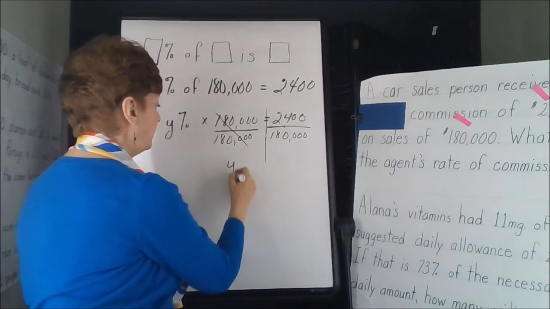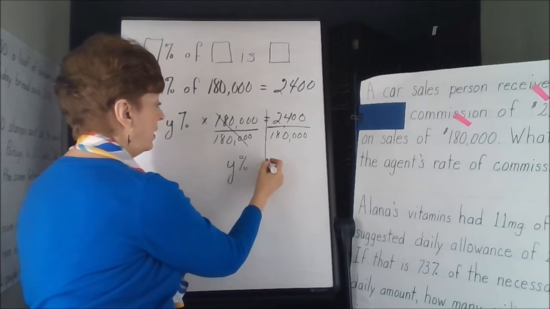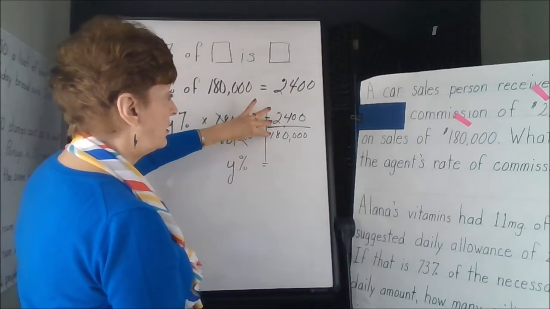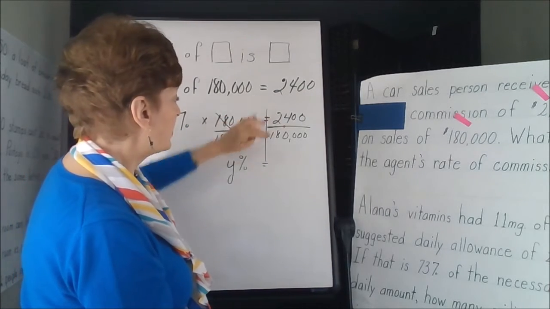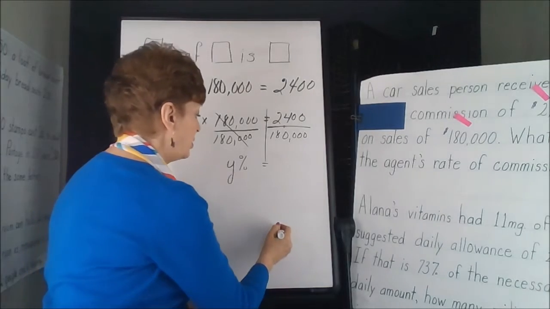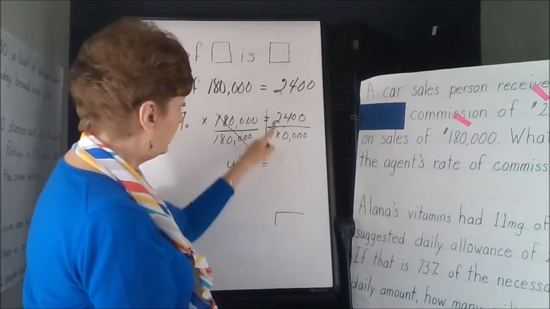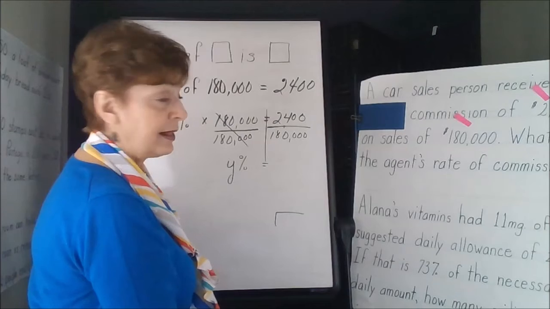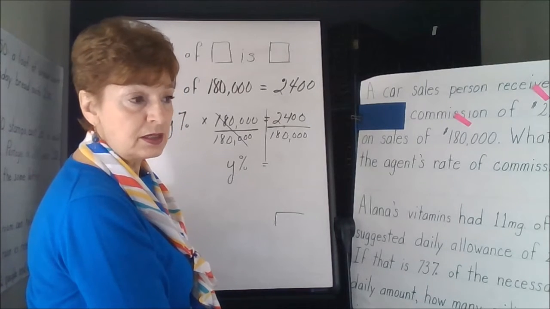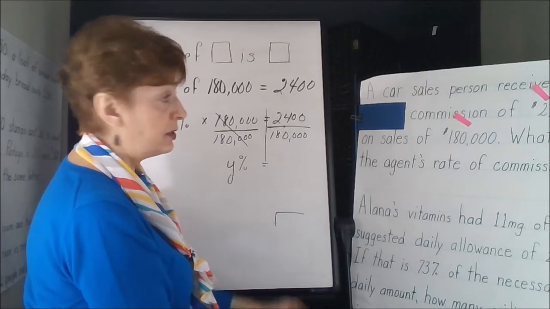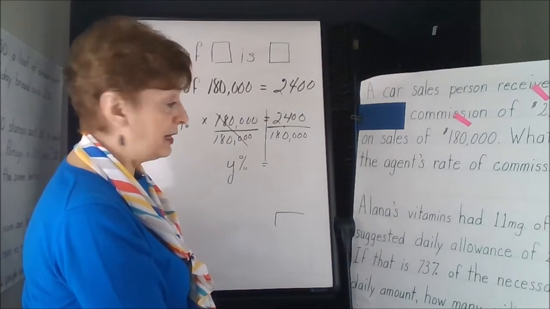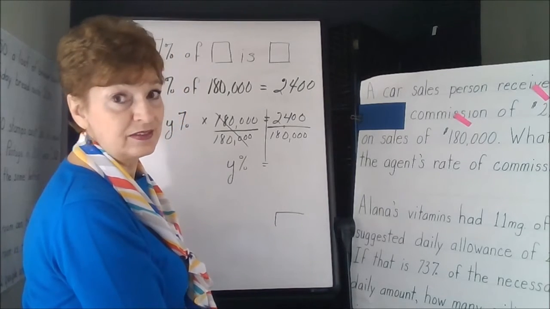So our y percent comes down and is equal to the division of these two numbers. Well, it doesn't have to be division like this right away. We do have a fraction here, and with divisibility of numbers, we have some tools to reduce this number a bit, to rename it, so it will be easier to do when we finally get to the division step.